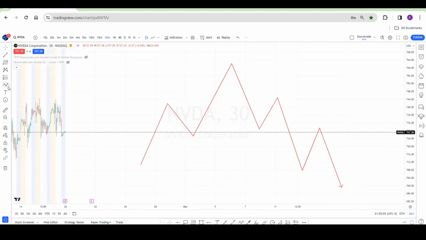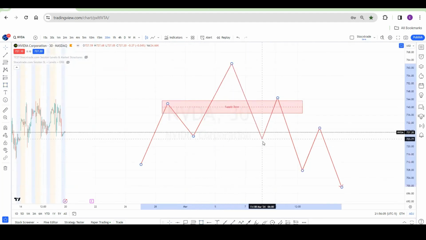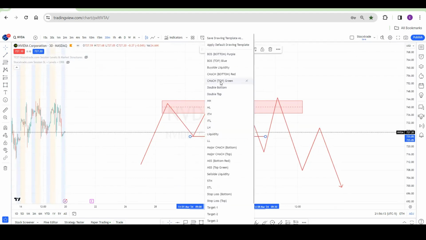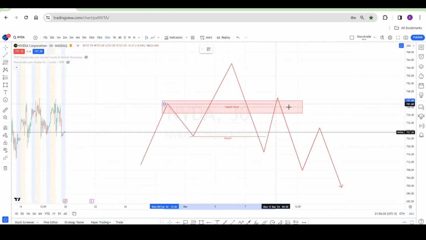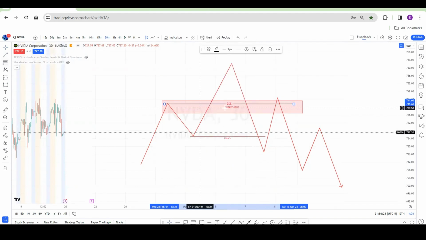In this Quasimodo strategy, your supply is here. Once the price creates a change of character, after the change of character the price goes to test this zone, or sometimes it liquidates that previous zone. But the price will not go above that high. So it tests this liquidity and then it breaks down.